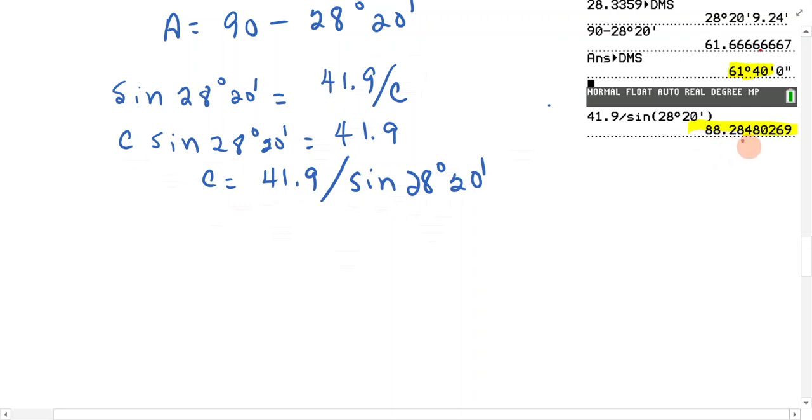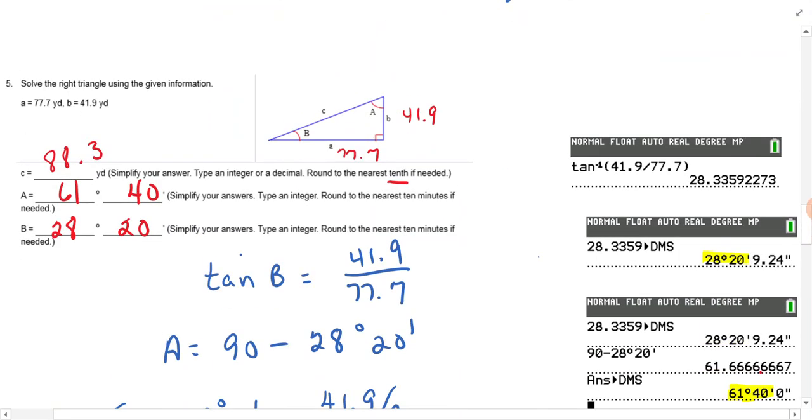I got 88.28. I'm asked to round to the nearest tenth, so that's 88.3. So that's how you would do that one.